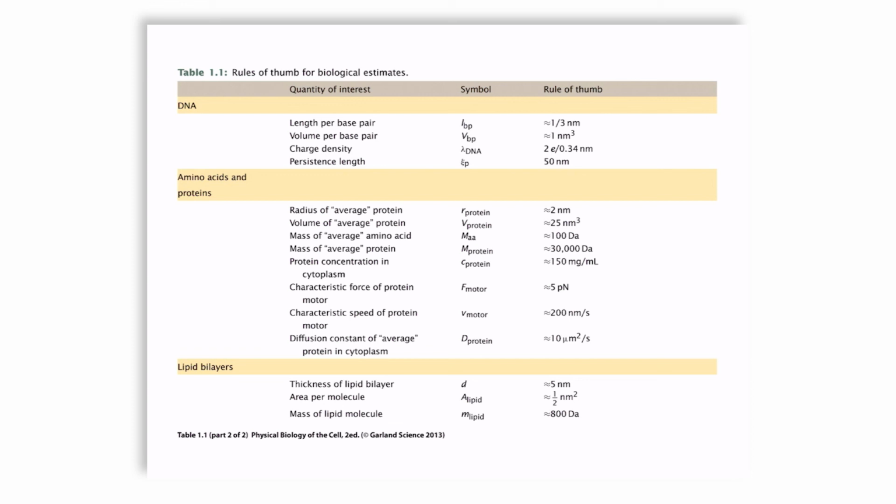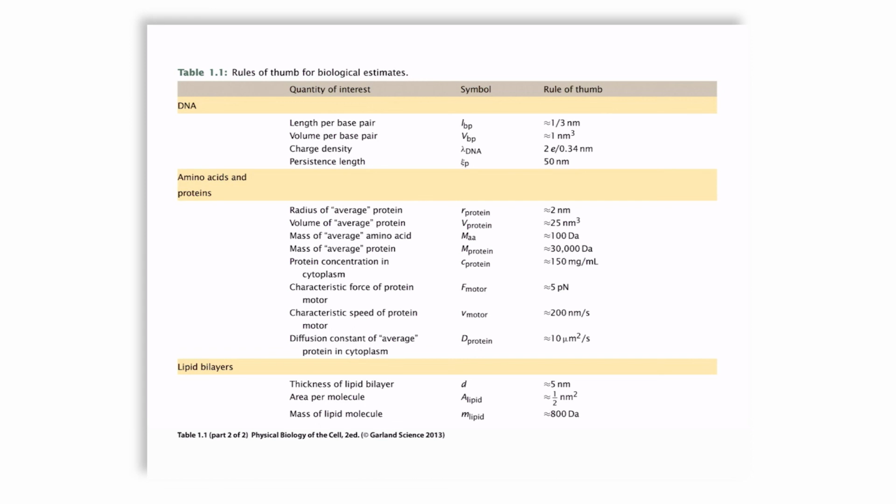This radius means the diameter is 4. Using 4/3 π r³, you can calculate the volume of such a protein. It's about 25 cubic nanometers. The mass of an average amino acid is 100 daltons, and the number of amino acids making up a protein results in a typical average of 30 kilodaltons as the mass of a whole protein.